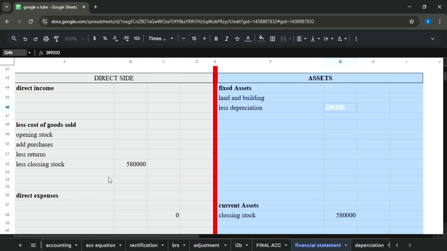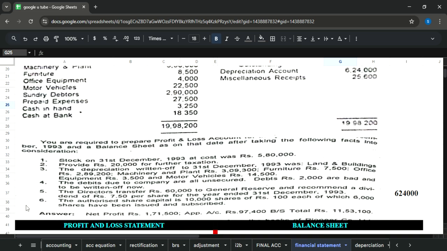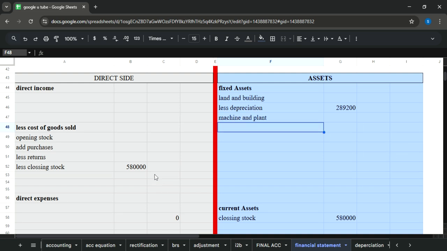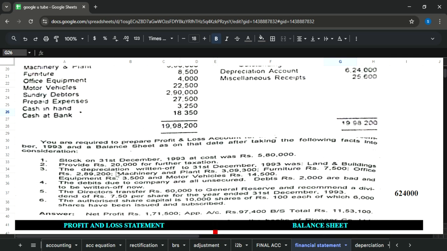Alright, the next asset in the adjustment is machinery and plant. And we will subtract its depreciation. The amount of depreciation of machinery and plant is 309,300.